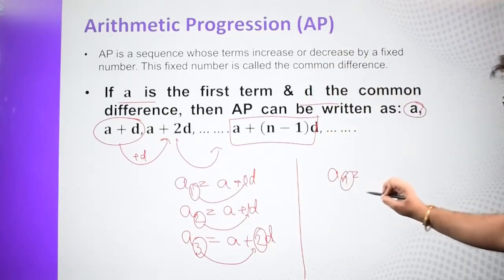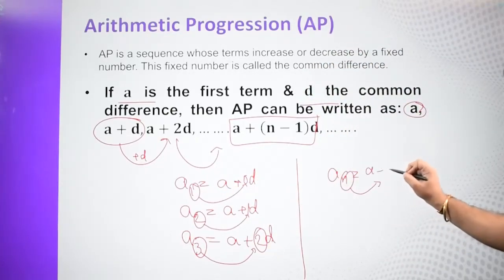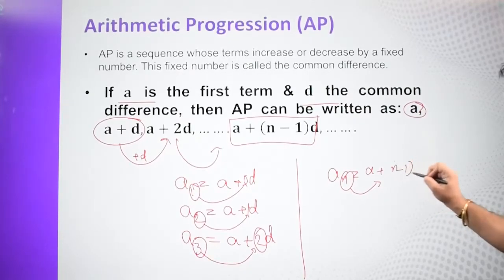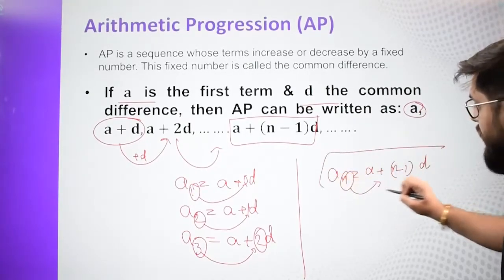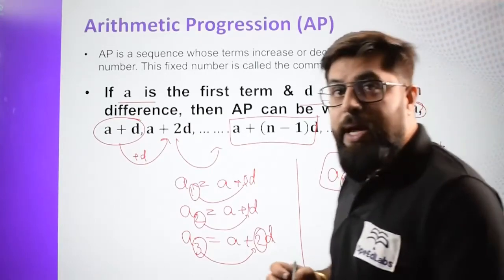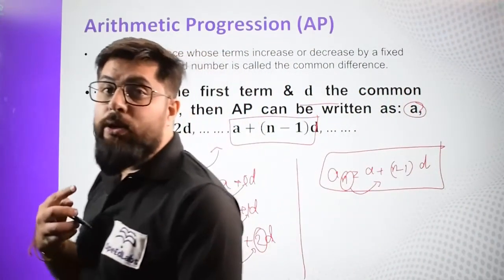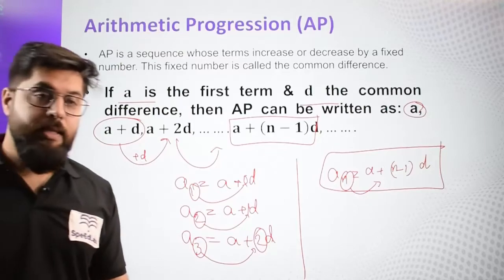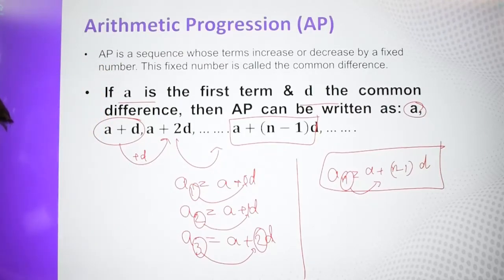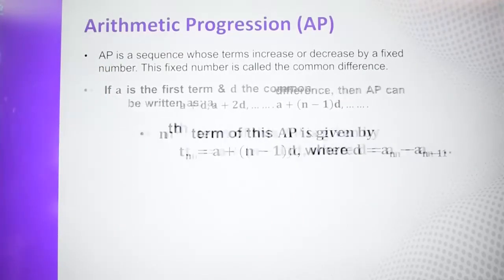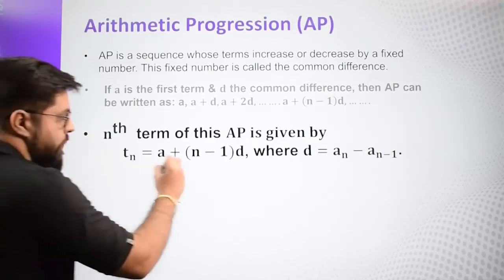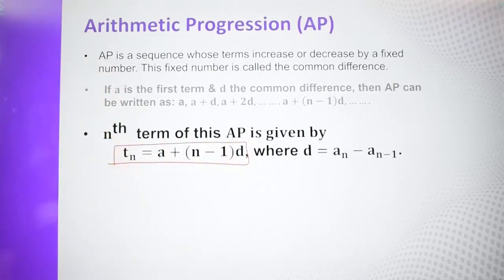So for the nth term the coefficient of d must be n minus 1. So we can say that the nth term of the AP is given by A plus n minus 1 into D. Is it clear? Now moving to the next thing. That's it. The formula for the nth term of the AP.